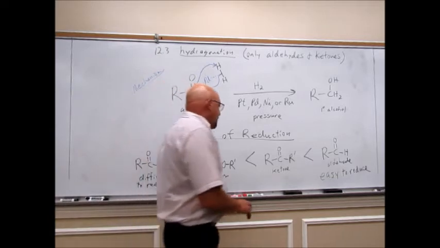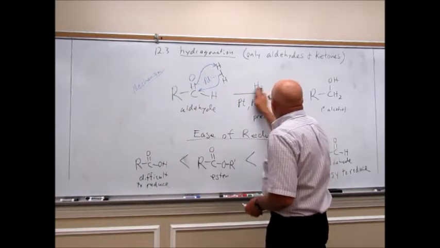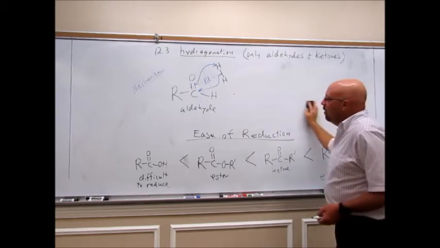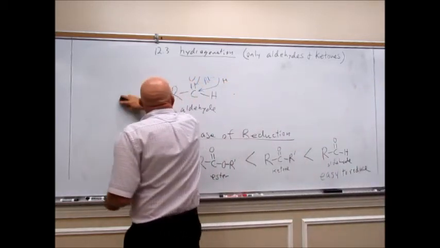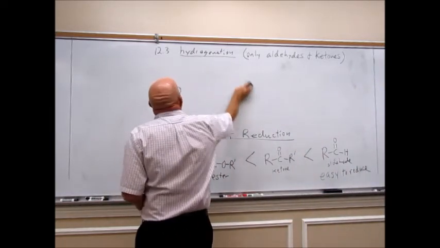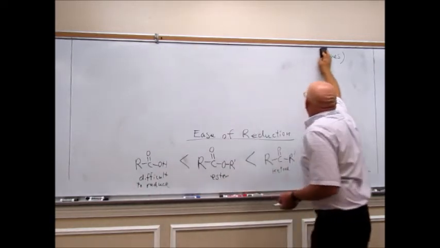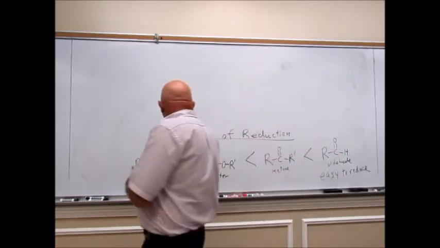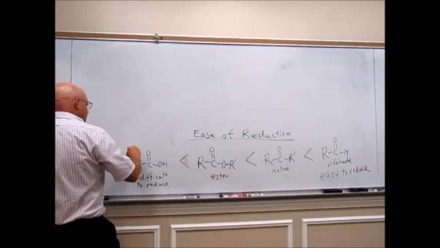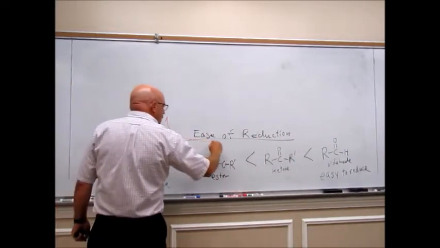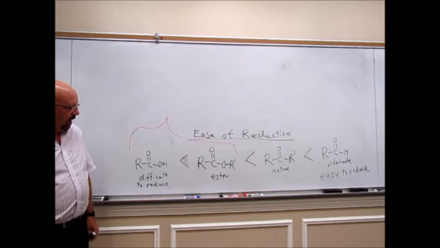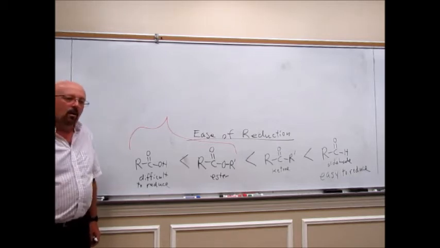Now, some of this makes sense. Let's think about a little bit why some of these are harder, some of them are easier. The carboxylic acid and the ester, they are the two most difficult to reduce. And let's look for a reason.